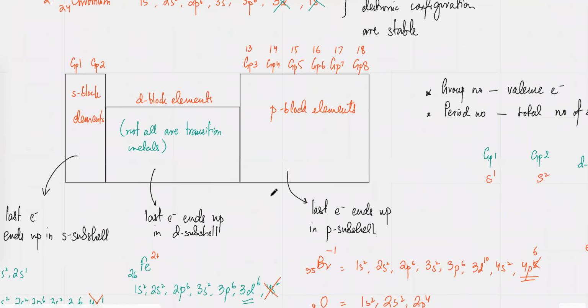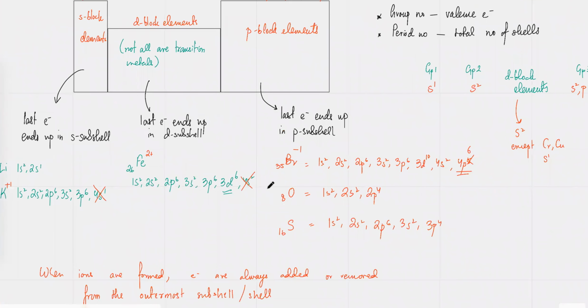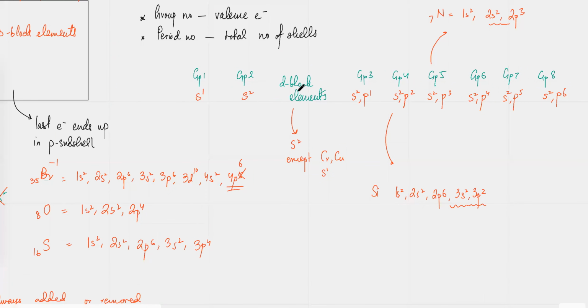About transition metals, I told you, somewhere over here. So for D block elements, I told you that the outermost shell is going to have 2 electrons, except for chromium and copper, that's it. So it's going to have S2. If nickel is 2 plus, that means the 2 electrons in the S are also gone.